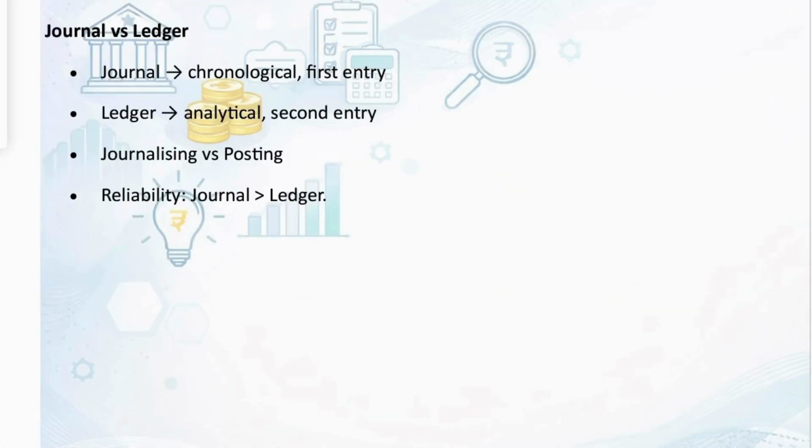Now you will clearly understand the difference between journal and ledger. Journal and ledger complement each other. The journal records the transaction first, while the ledger organizes them analytically.